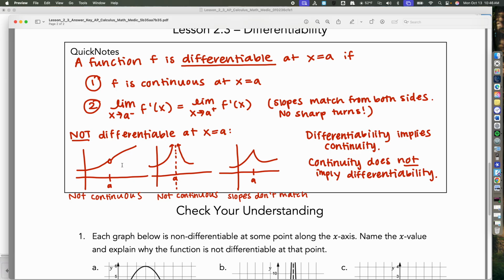At locations where it's not continuous or sharp points, there's no slope. Actually, this is probably the first one where this box we've already covered, but it has the rest of the details that I might have forgotten to say out loud.